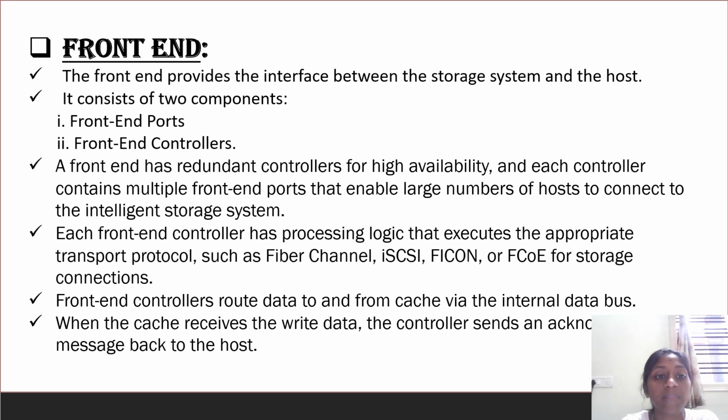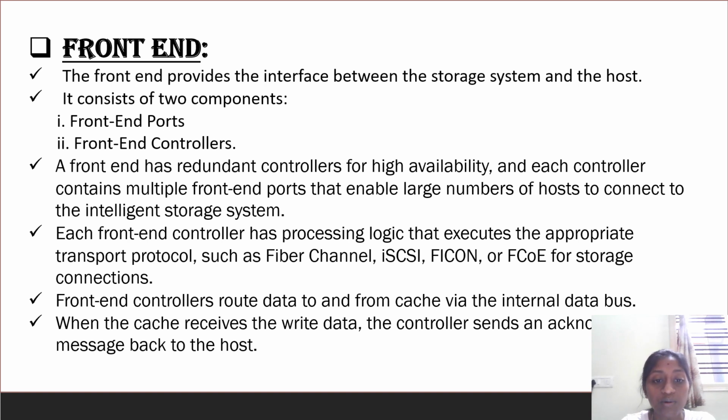Front end. The front end provides the interface between the storage system and the host. It consists of two components, front end ports and front end controllers. A front end has redundant controllers for high availability, and each controller contains multiple front end ports that enable a large number of hosts to connect to the intelligent storage system.